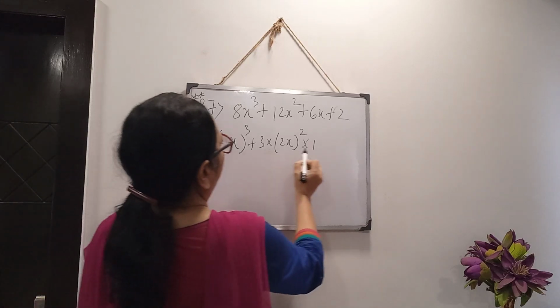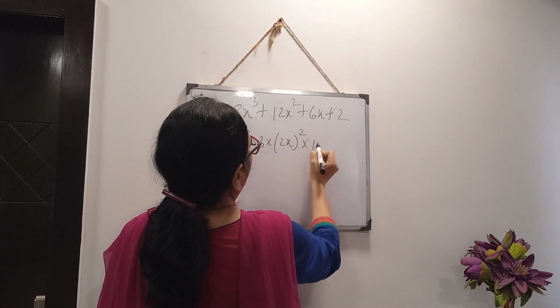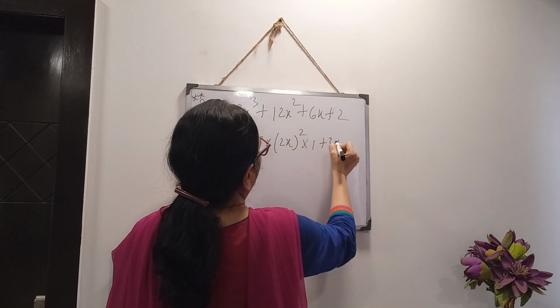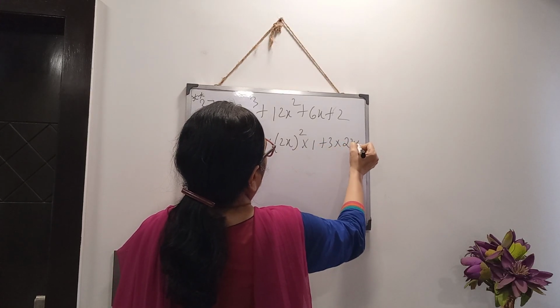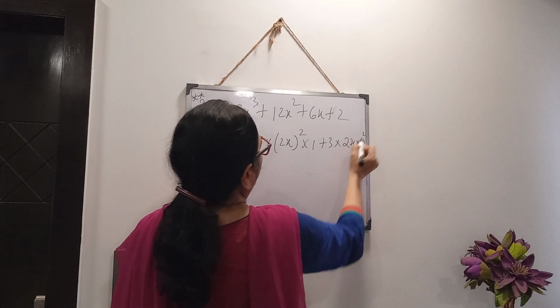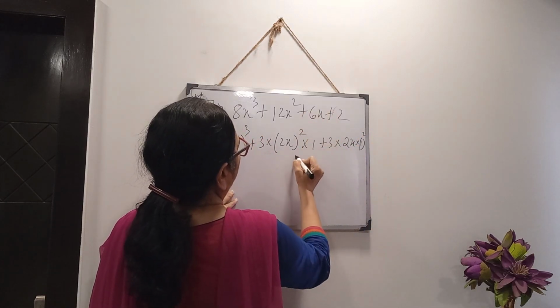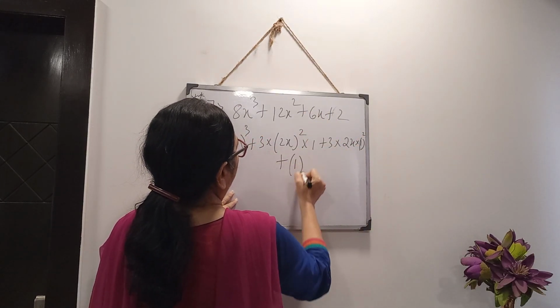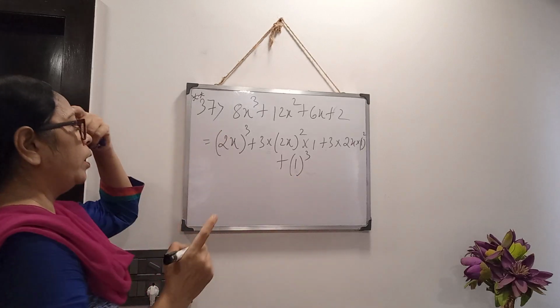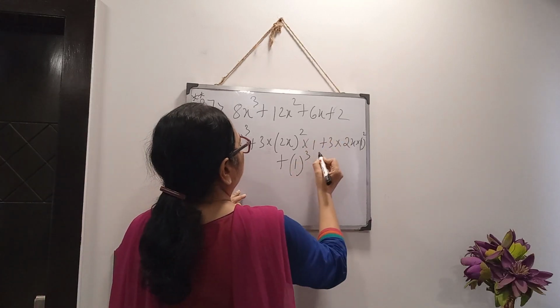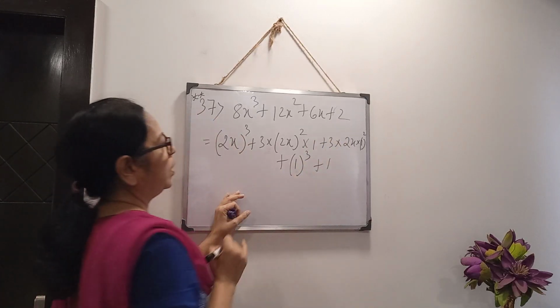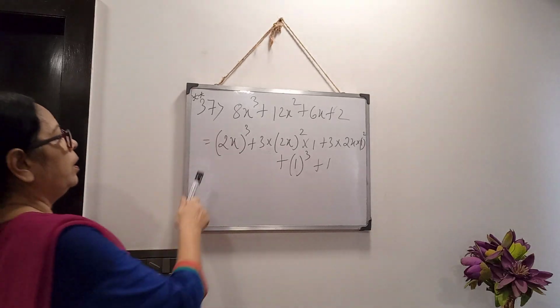So from here I have got my b. This is b. Now 3ab square: 3 2s are 6x is coming, plus b cube. 1 cube means 1, but there is given 2. So another one you have to write. Clear what I am telling?